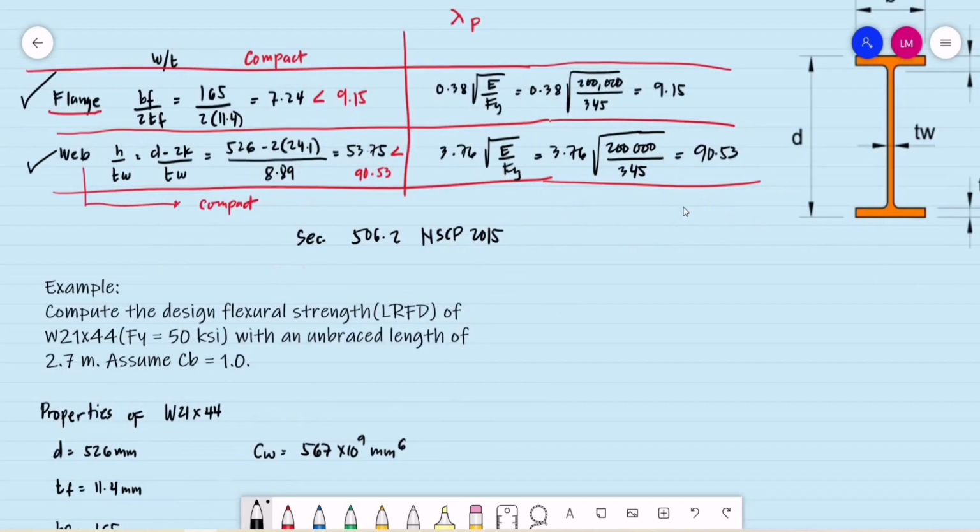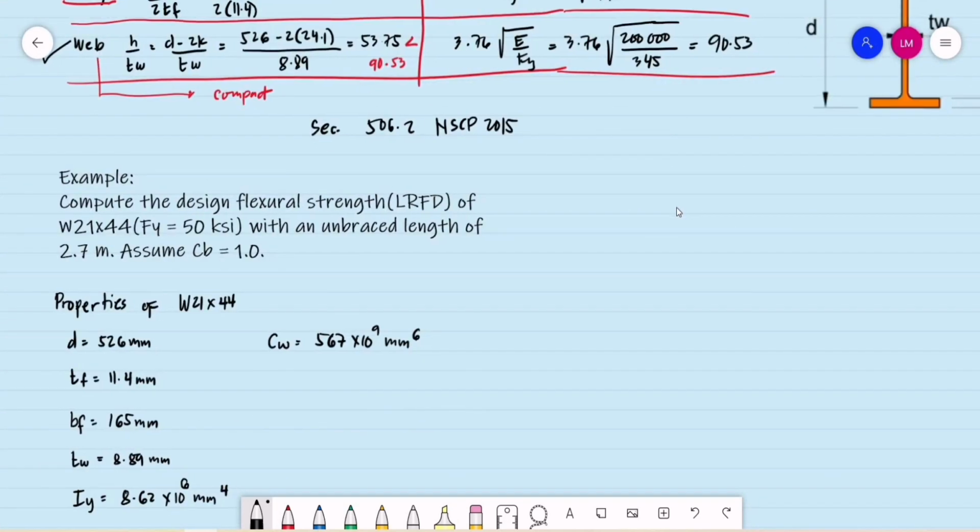Then from the given, we have this Fy equal to 50 KSI. We multiply this by 6.895 megapascals.